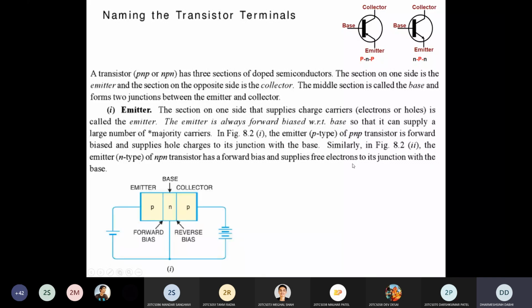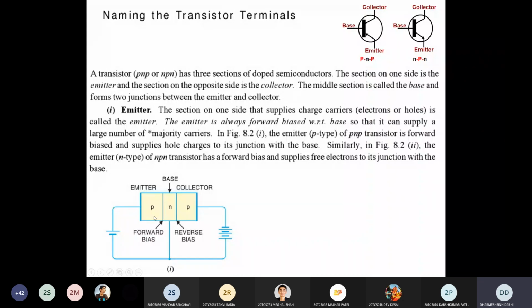Okay. You can see the figure of the PNP type of transistor. Here the P layer terminal is the emitter terminal, which is connected with the positive of your battery. And the base is connected with the negative of the supply. Clear?